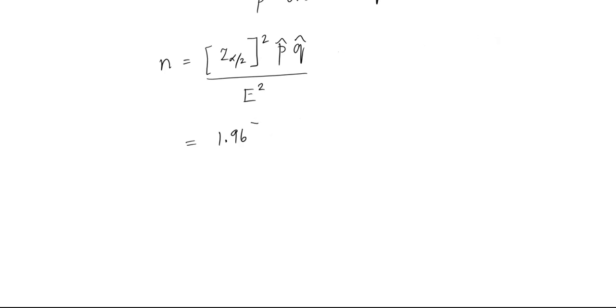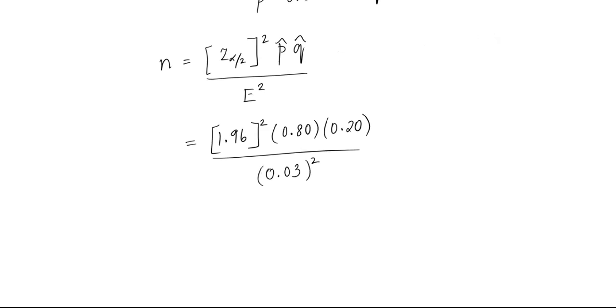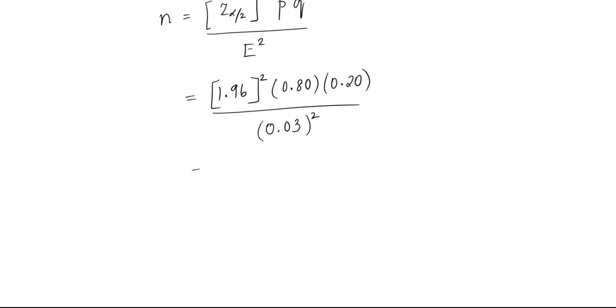Now plug in all the values you have. 1.96 squared times 0.80 times 0.20 divided by 0.03 squared, which is 682.951. And that comes up, again, round it up, 683. Even if it was not a 0.95, it was a 0.1, you will still round it up.